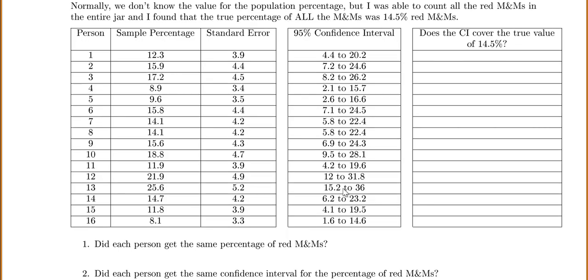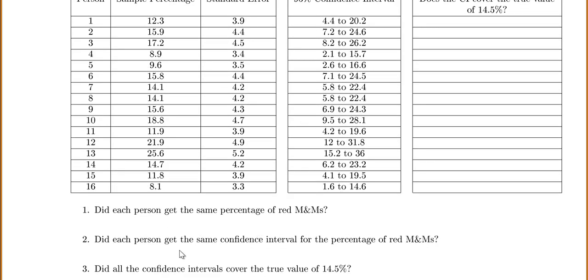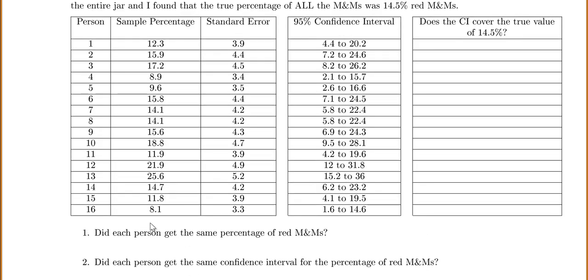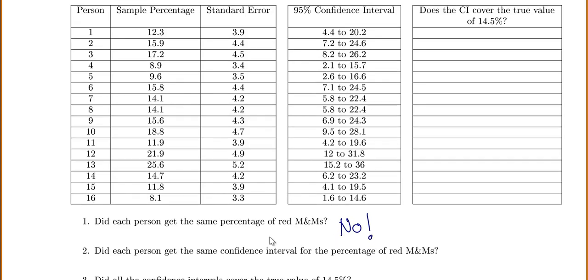So let's actually skip down below and answer a couple questions and then come back up. So first, did each person get the same percentage of red M&Ms? Well, our percentages were from 12.3 to 8.1, 21, 25. Obviously, not everyone got the same percentage. Okay. Did each person get the same confidence interval? Well, no, all of their confidence intervals are different.